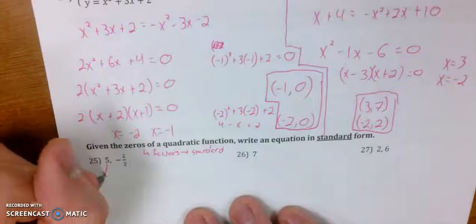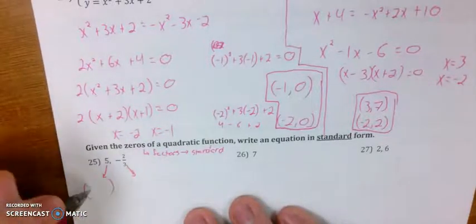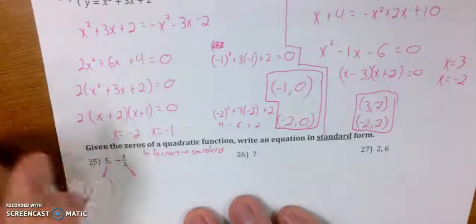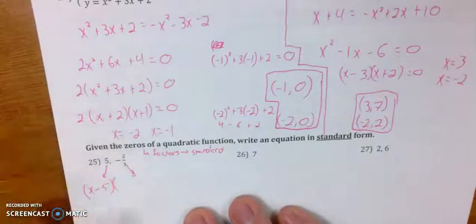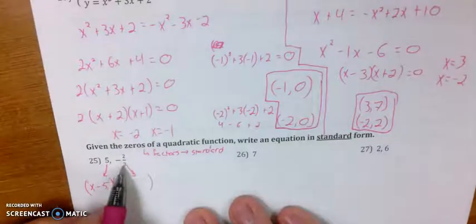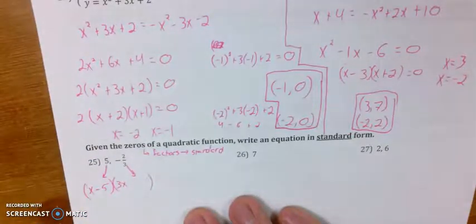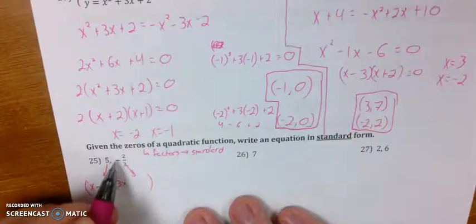All right, so if I have these two zeros here, a zero of 5 would be produced from a factor of x minus 5. A zero of negative 2/3 would be produced from, anytime you have fractions, take your denominator and put that as the coefficient on the x, and then take the opposite of that numerator.